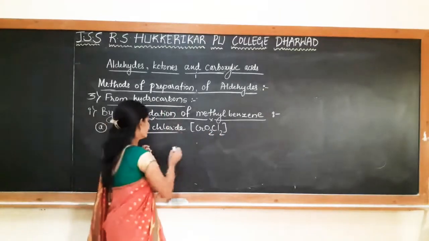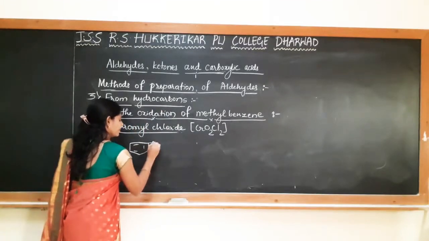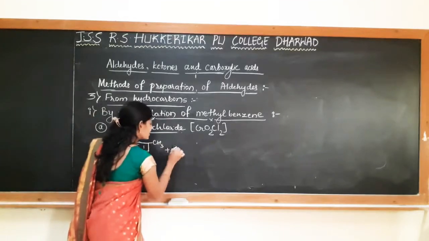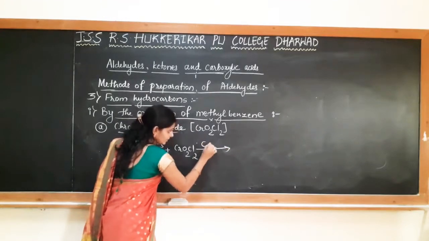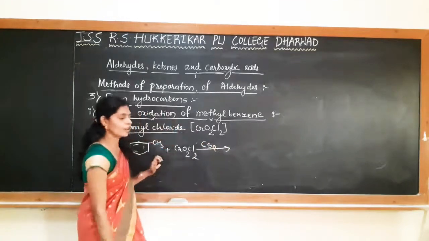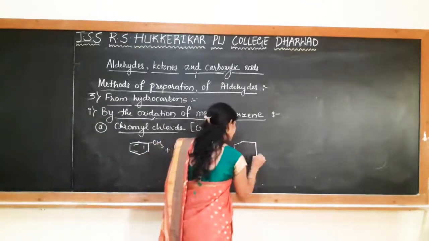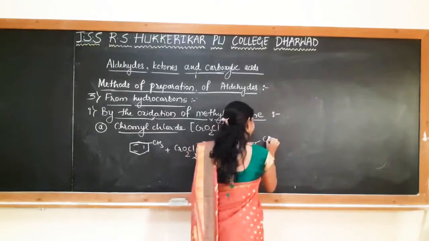Okay, so when toluene is treated with chromyl chloride in carbon disulfide or carbon tetrachloride solvent, first it gives a complex compound.